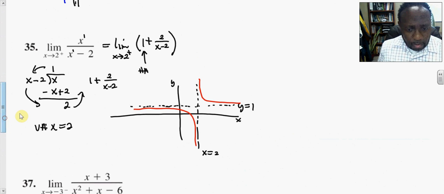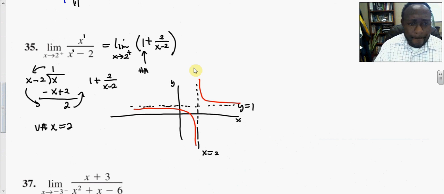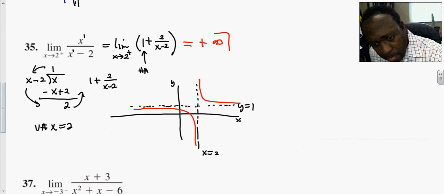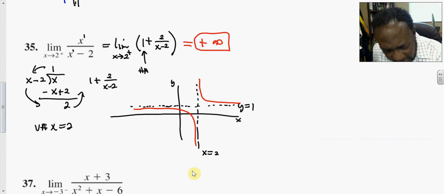What happens to this graph as x approaches 2 from the right? So this is x equal to 2. As x approaches 2 from the right, this goes to positive infinity. What happens as x approaches 2 from the left? That would be negative infinity.